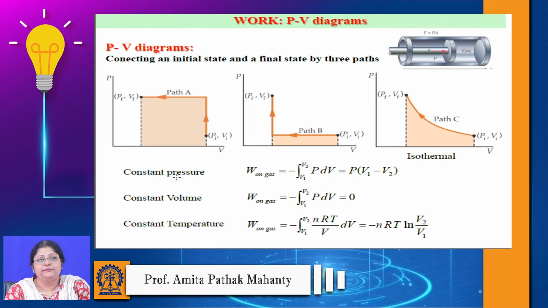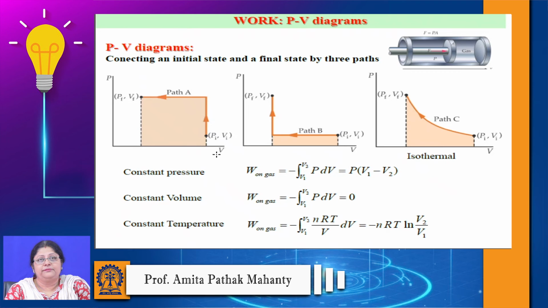Now suppose I am working at a constant pressure. Constant pressure means I have to carry out a process where the pressure is held constant. What happens? You have P times V2 minus V1.